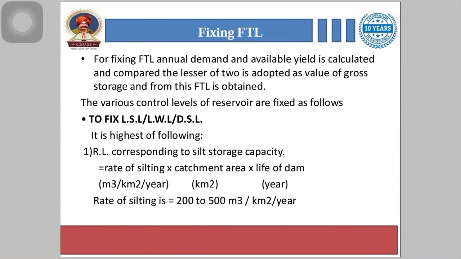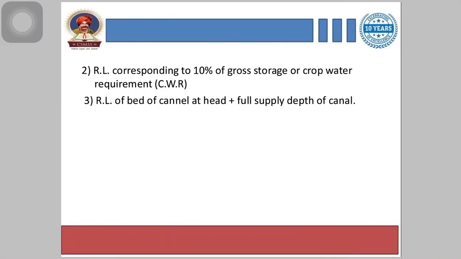The rate of silting is 200 to 500 meter cube per kilometer square per year. Second is the reduced level corresponding to 10% of gross storage or crop water requirement. Next is the reduced level of bed of canal at head plus full supply depth of canal.